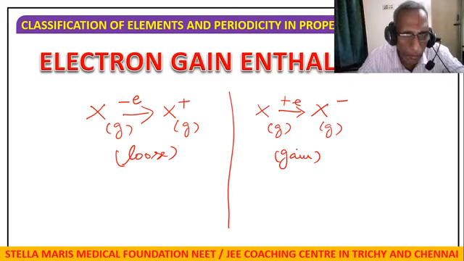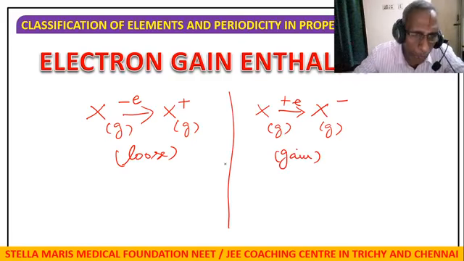So during cation formation from a neutral atom, one or more electrons are lost. During the formation of anions from the neutral atom, one or more electrons are gained.